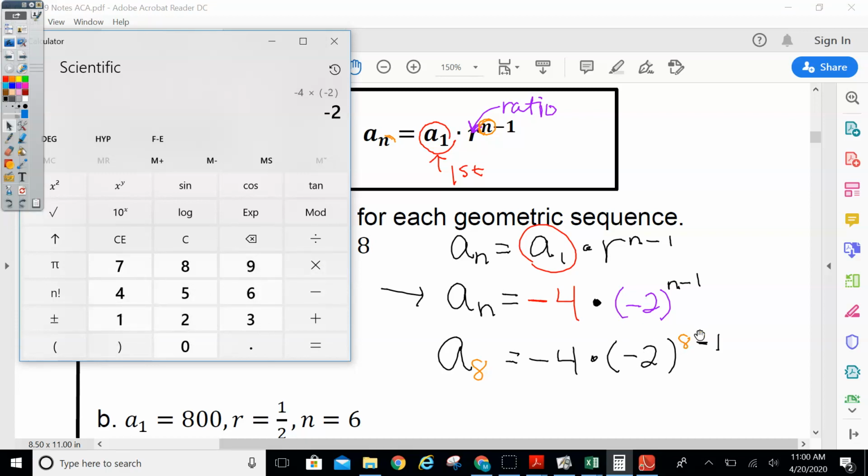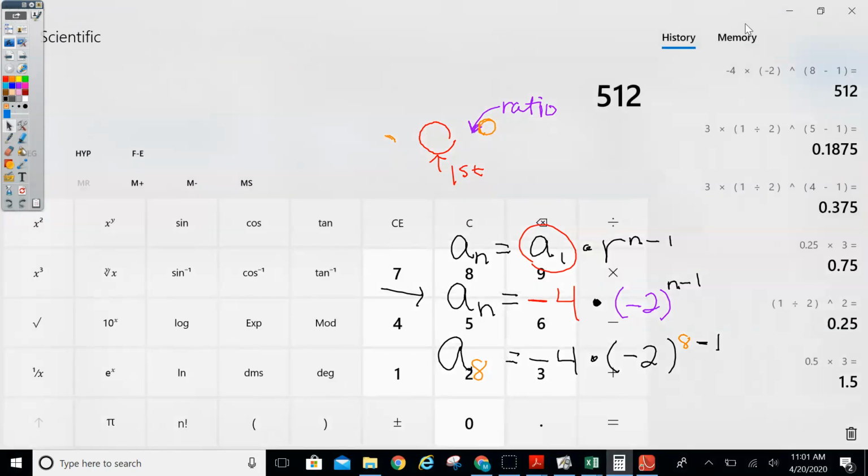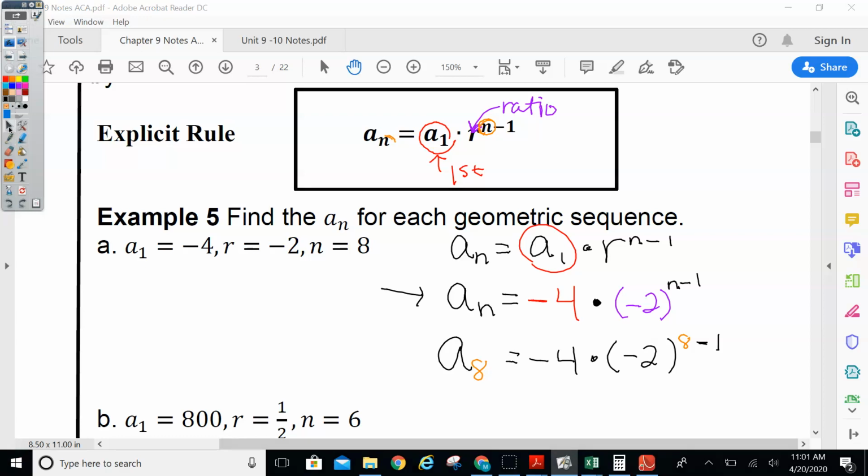That one's important. And then we do exponent. The 8 minus 1 also needs parentheses. 8 minus 1. Parentheses. And we get 512. So this is telling me that the 8th number in the sequence is 512.